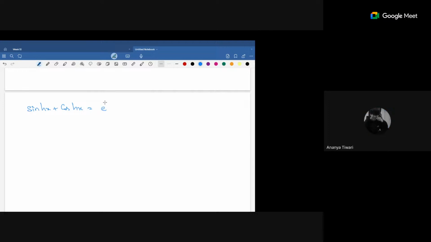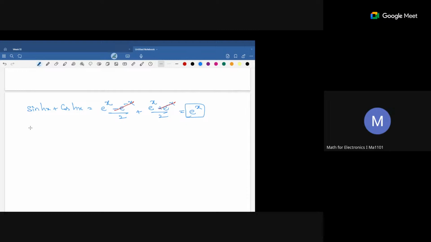It is (e power x minus e to the power minus x) divided by 2 plus (e power x plus e to the power minus x) by 2, right? Now I can simplify this, so this and this will get cancelled out. I will have 2 e power x in the numerator and 2 in the denominator. This will simply be e power x.